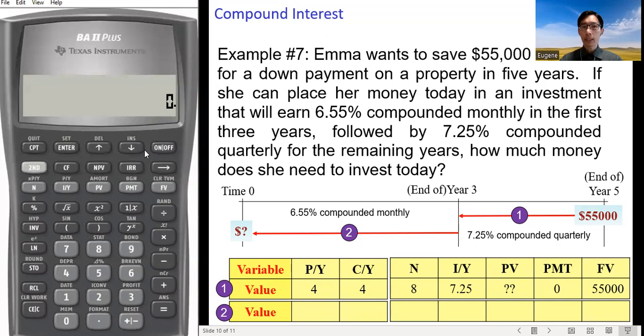Key in the variables into the calculator. PY and CY is 4. And then N equals 8. IY equals 7.25. PMT is 0. FV 55,000.